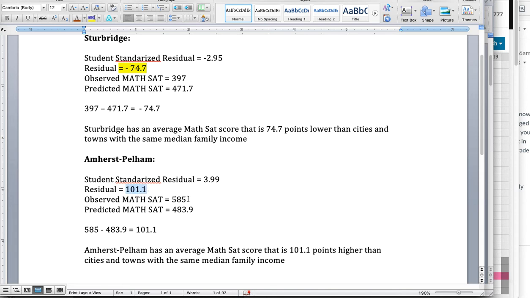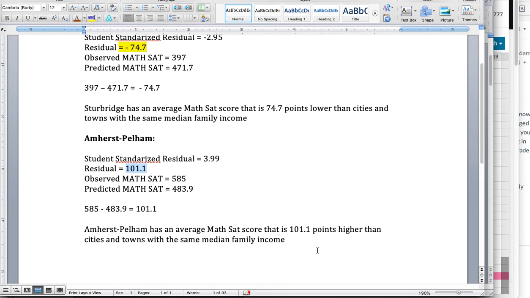It did very well, 585, when it was only predicted to do 483.9, and hence the residual of 101. What does that mean? It means that Amherst Pelham has an average math SAT score that is 101 points higher than cities and towns with the same median family income.